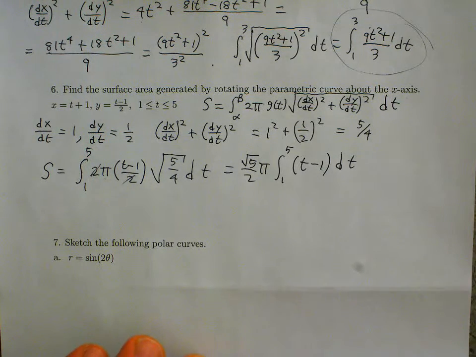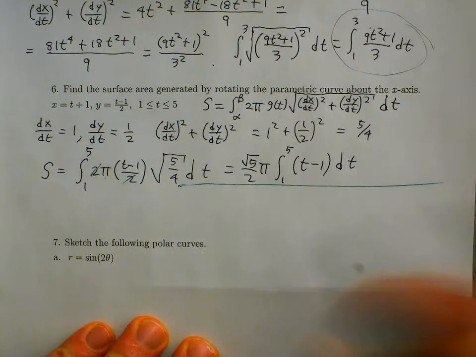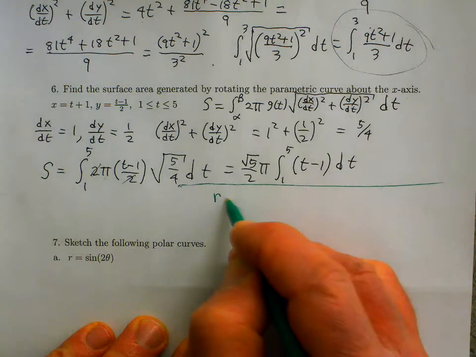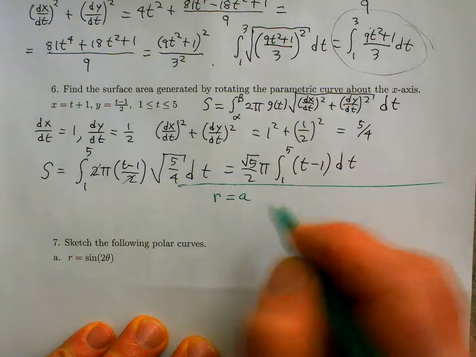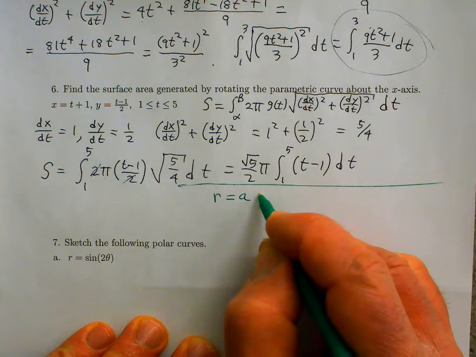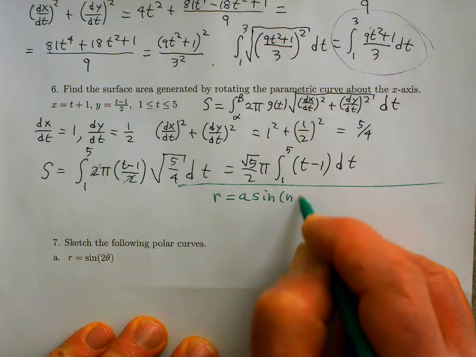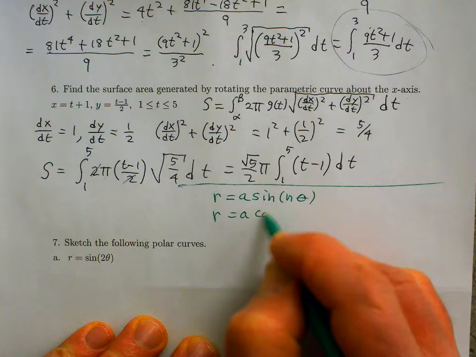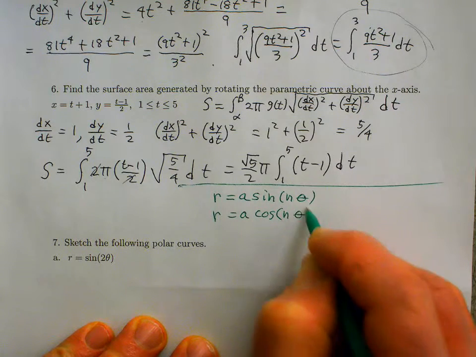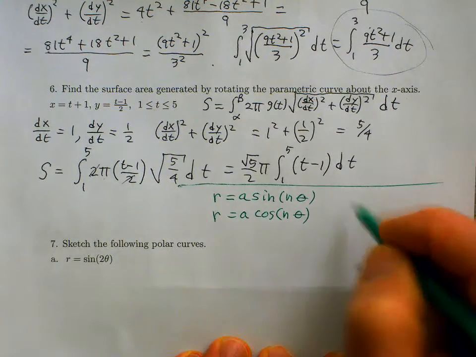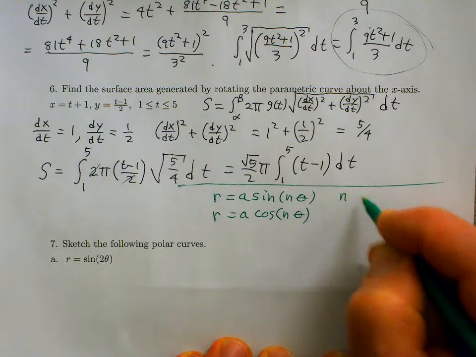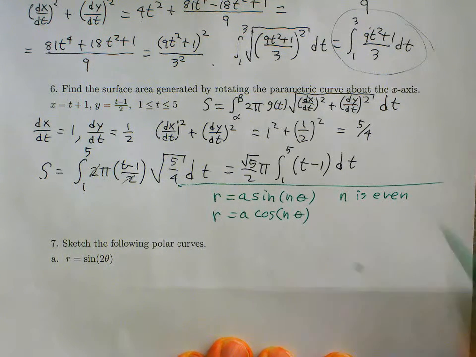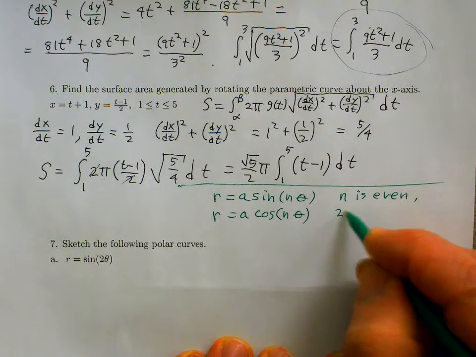I mentioned this before, so I'll write it in a little more detail. If you have r equals a times sine of n theta, or r equals a times cosine of n theta, in either case, if n is an even integer, then there are 2 times n loops.